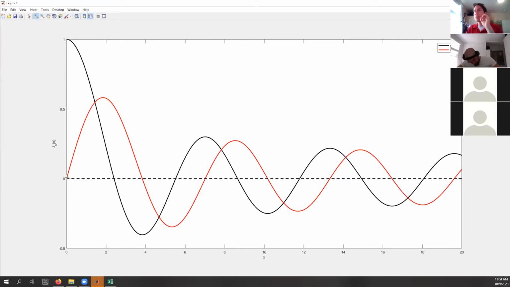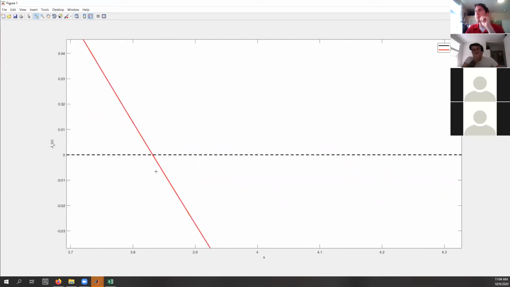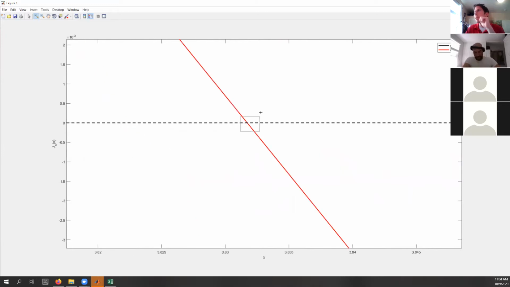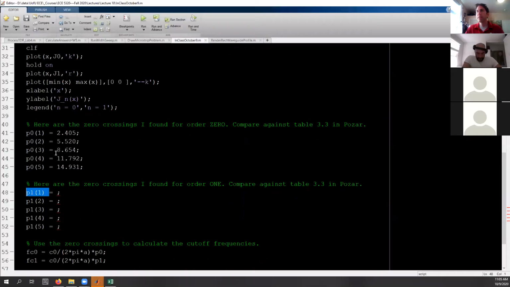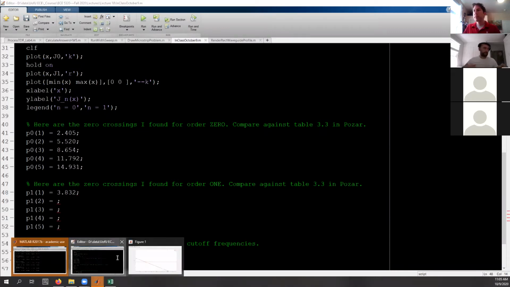So that corresponds to the trivial solution, which we don't like. So we're going to skip up to here. And we get 3.832. And if we look at the book, yep, that corresponds to it.